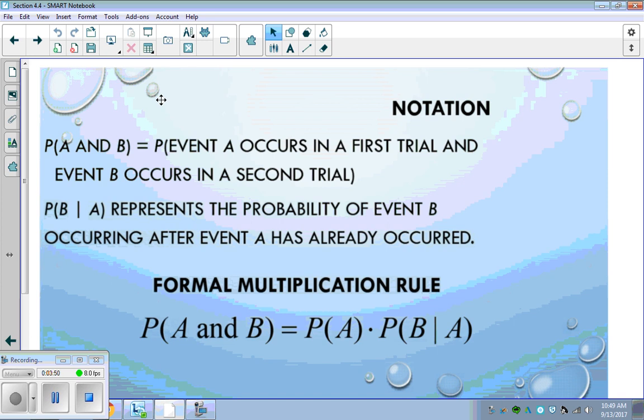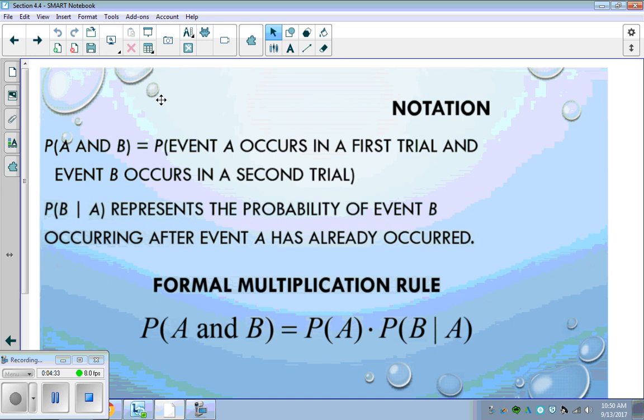So if event A had been drawing a club, we know that probability was 13 out of 52, but the probability of drawing a second club, given that a first club was drawn, is different. It's 12 out of 51. So that's what that means. The probability of event B, given that event A has already occurred.